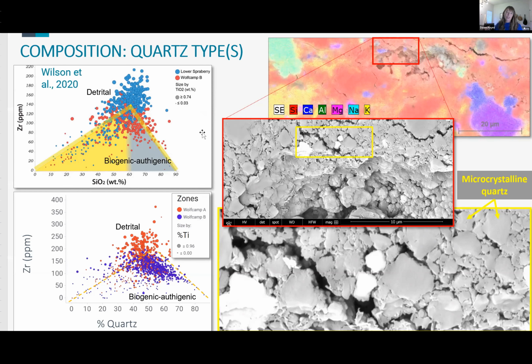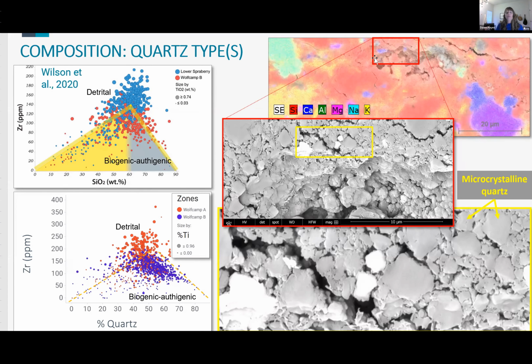Essentially what these diagrams do is provide a nice little proxy for the quartz that is more likely to be detrital up here, coming from those land sources, and then our other quartz that is biogenic or authigenic, coming from microfossils in the rock that have been dissolved and reprecipitated in a lot of cases. Those usually are things like radiolarians or sponge spicules that are really silica rich.